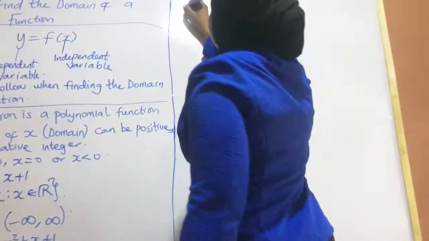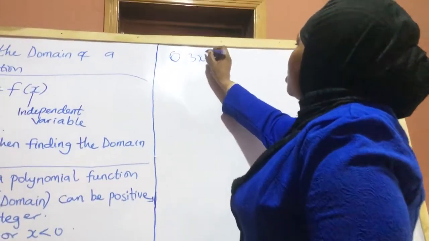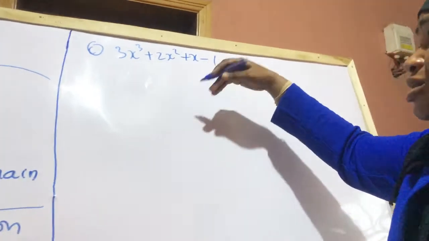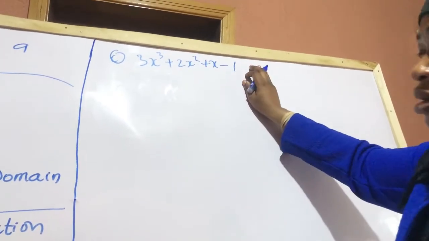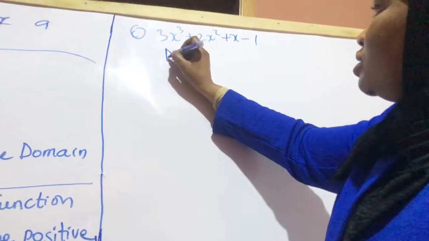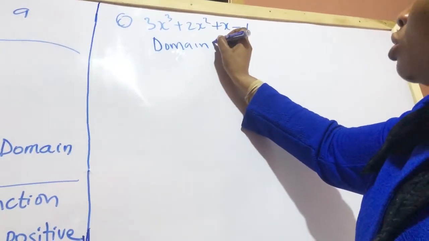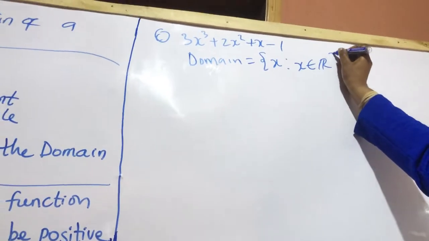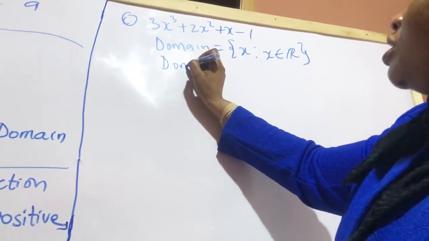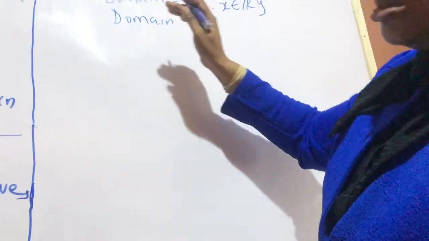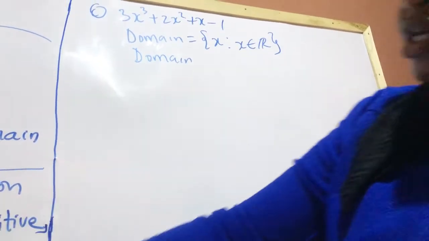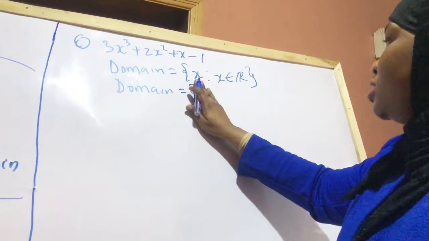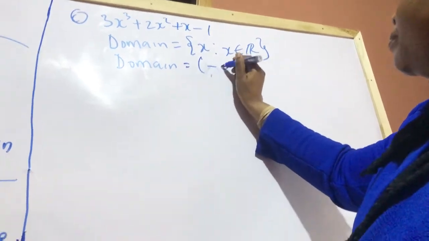If we have x cubed plus 2x squared plus x minus 1 and so on, this is a cubic polynomial, so its domain will be elements of real numbers. So if we are given any polynomial function, it means that its domain will be elements of real numbers.